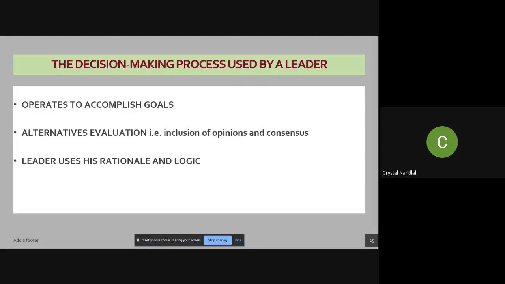You let people know that you are including their input and taking it into consideration, but you still have to use your rationale and logic to make a decision amongst the alternatives you are given. So you select the alternative with the maximum benefit. And I don't mean the maximum benefit like money when you're operating an organization. You select the one that will help more people, that will help others instead of yourself. You don't be a selfish leader, right?